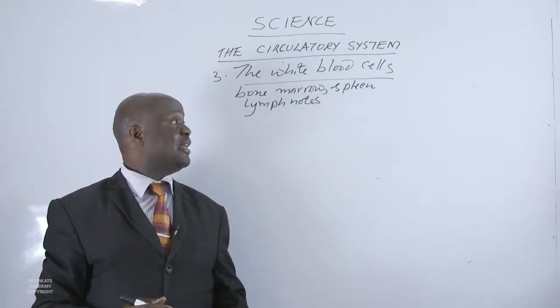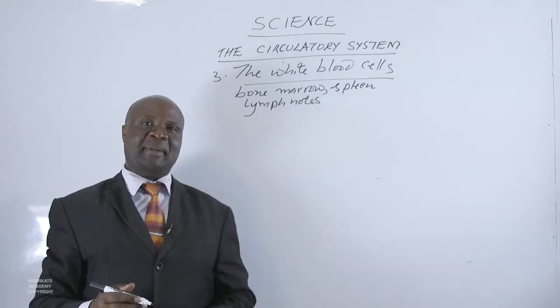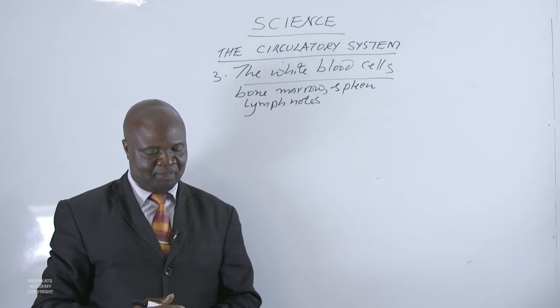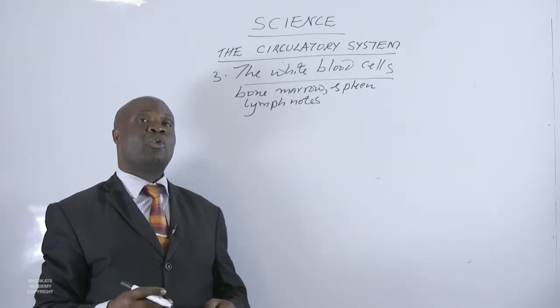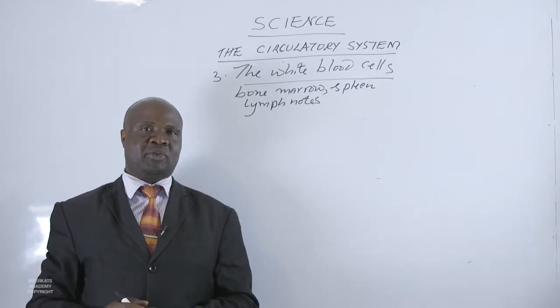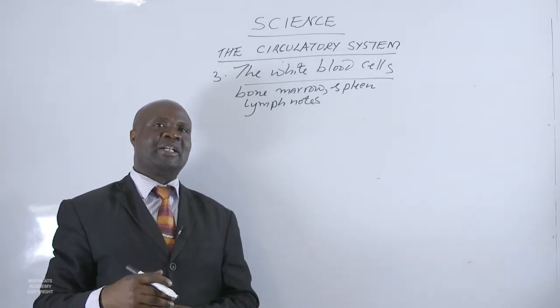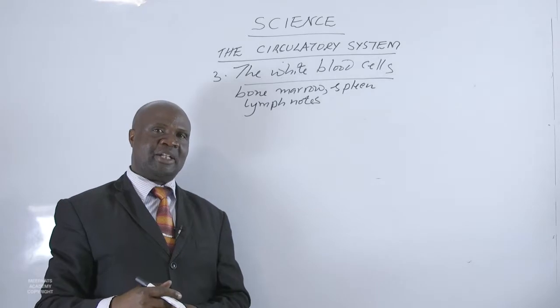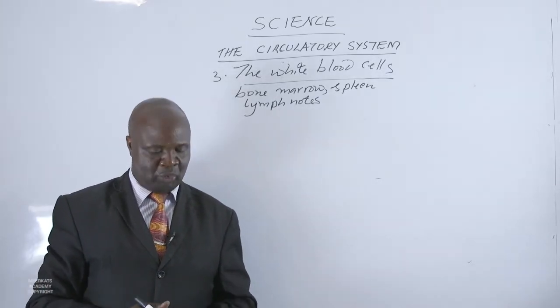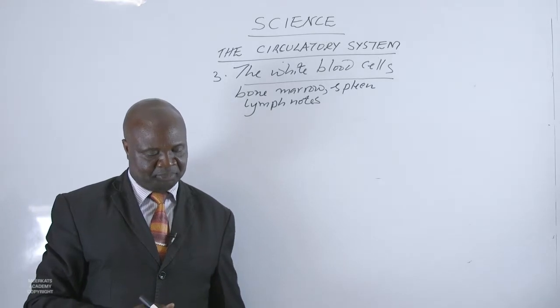If you compare in size, white blood cells are bigger than red blood cells. But when we talk of number, white blood cells are fewer compared to red blood cells. Red blood cells are many, but white blood cells are bigger and larger when you compare them in size.